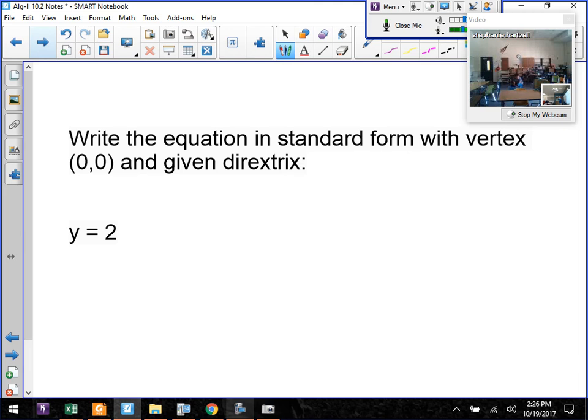Write the equation in standard form with the vertex at 0, 0, and the given directrix. Y equals 2. Well, first of all, they're giving you the ordered pair for the vertex.